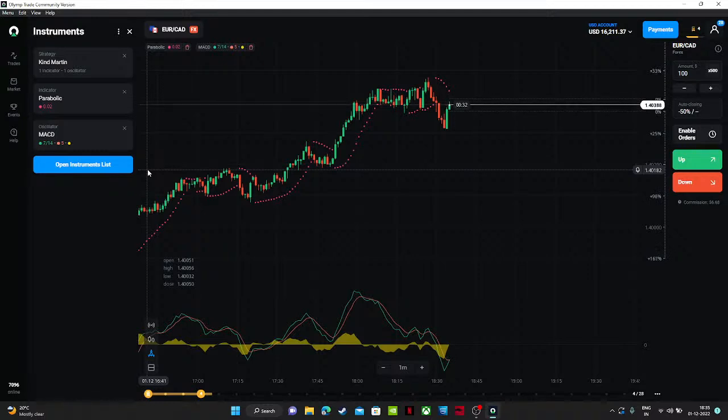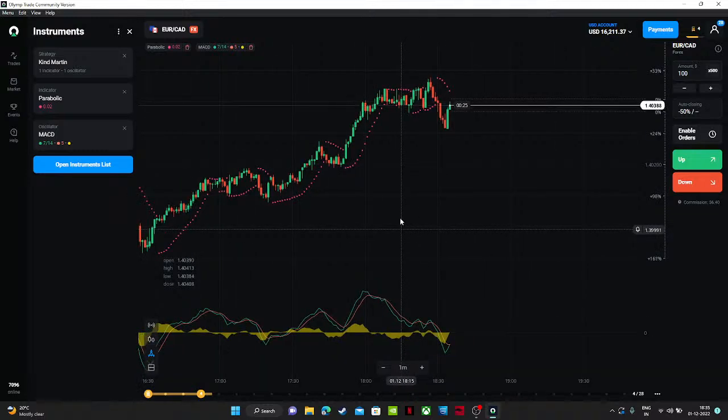So, guys, all of you must have used the parabolic indicator a couple of times. As we all know, the parabolic indicator is a trend indicator and it indicates when the trend is going to shift.